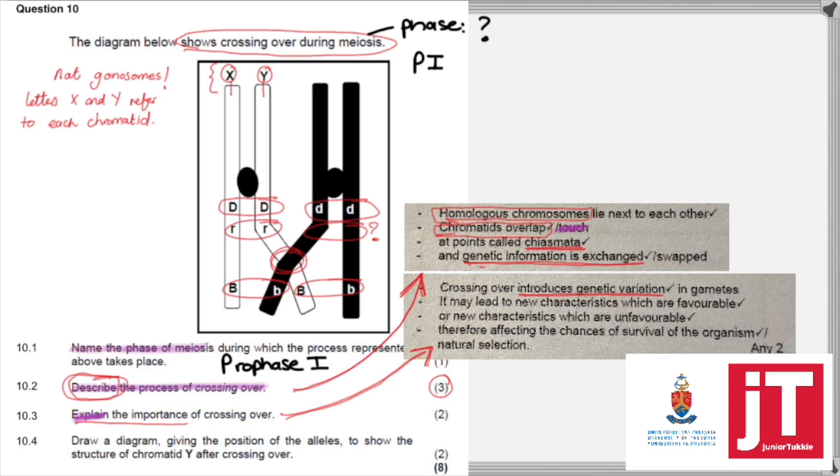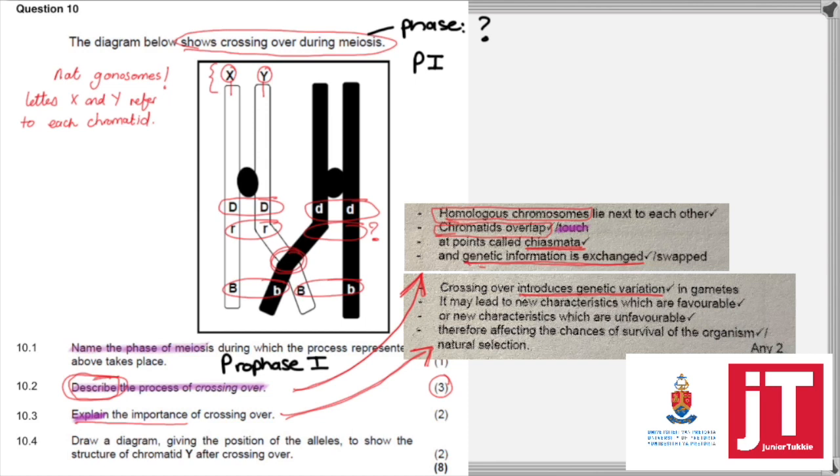characteristics which may be favorable or unfavorable. Obviously, we would like the favorable characteristics to be present in the offspring because then our chances of survival would be better. But if unfavorable characteristics are the result of this crossing over, it may not be beneficial when it comes to natural selection, because through environmental changes, organisms are either more suited to their environment or less suited depending on their characteristic traits or their phenotypes.